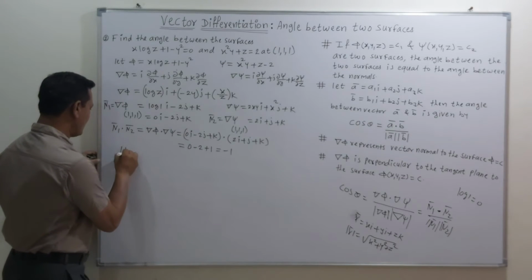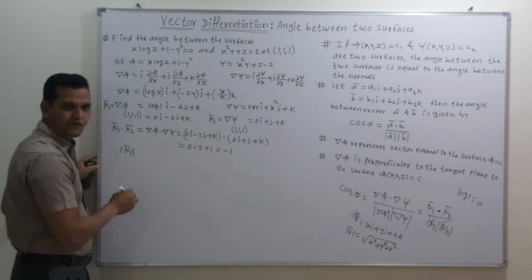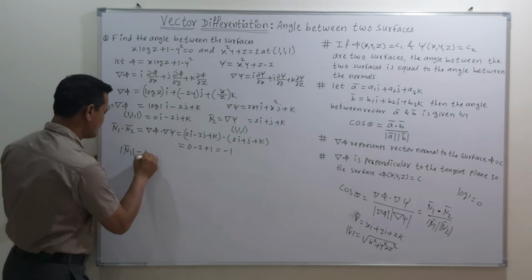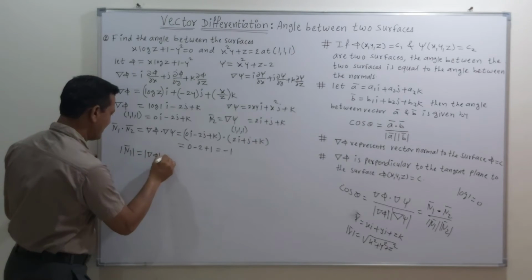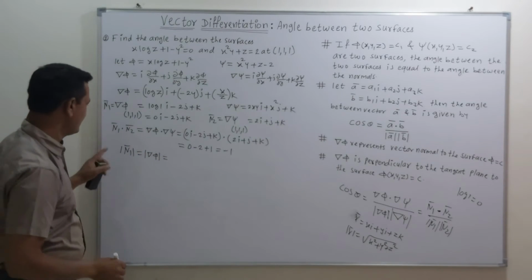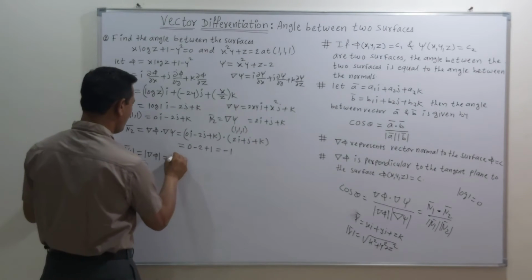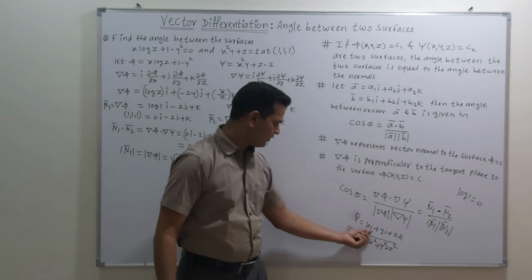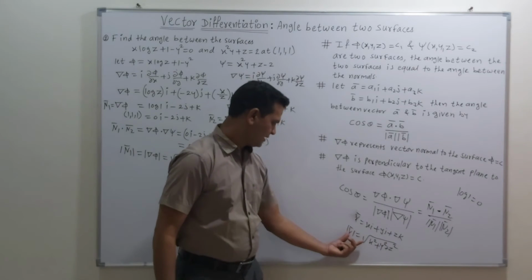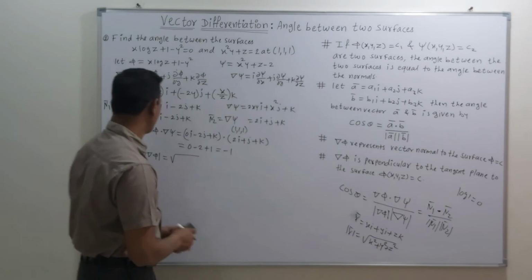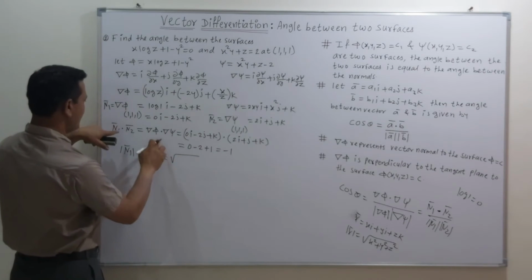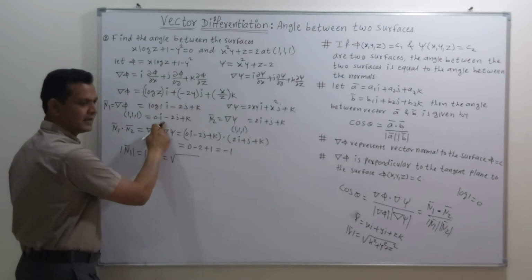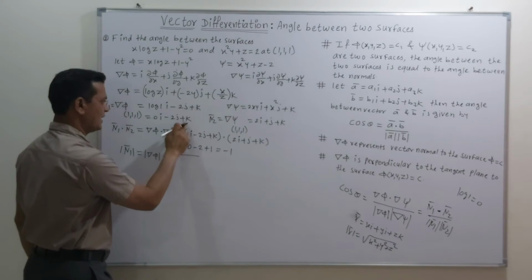Now, friends, find the magnitude of the first normal to the surface, which is the magnitude of del phi, given as root of x square plus y square plus z square, because if r is a vector of the form xi plus yj plus zk, then this is the magnitude of the vector. For n1, x is 0, y is minus 2, and z is 1.